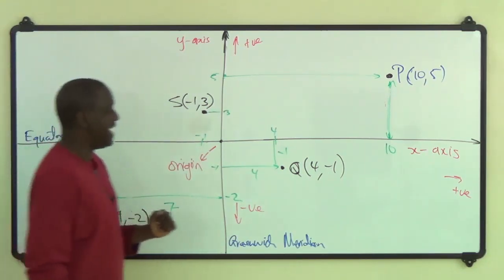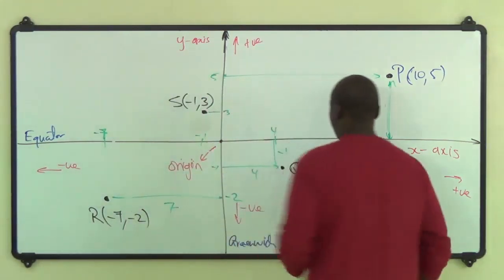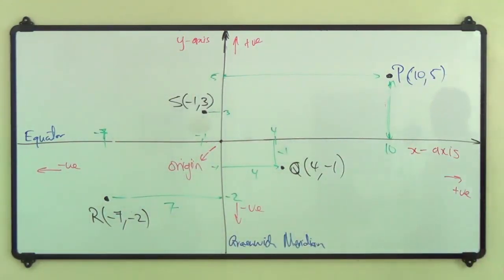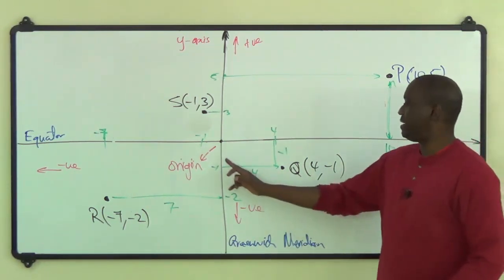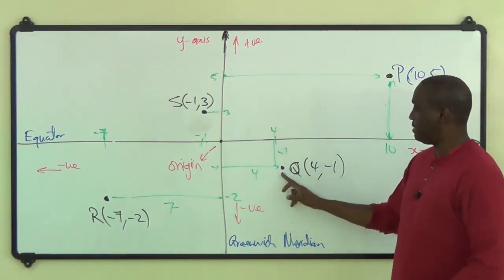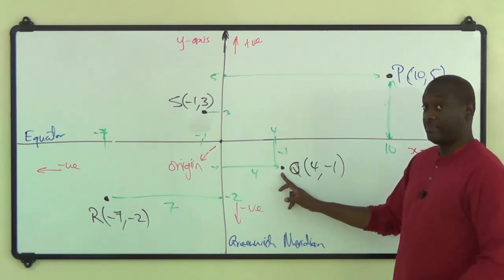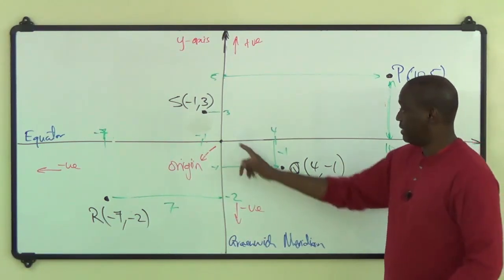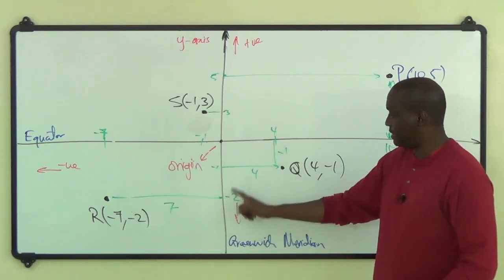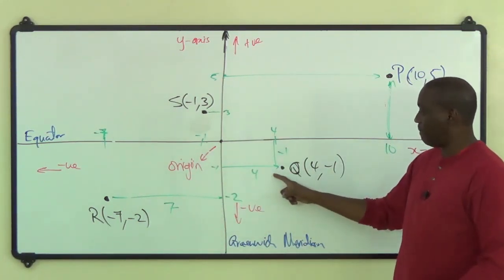All right? And of course, we go to our point Q. Same story. In this case, the point Q is 4 units perpendicular from the origin. This line is in line with the origin, and the perpendicular distance is 4.